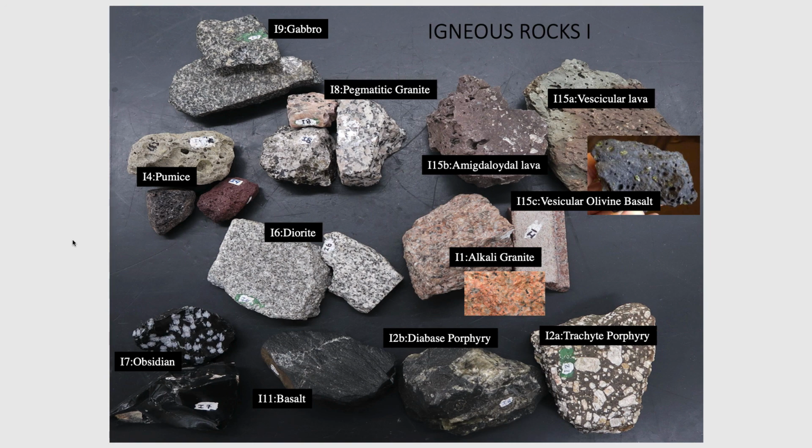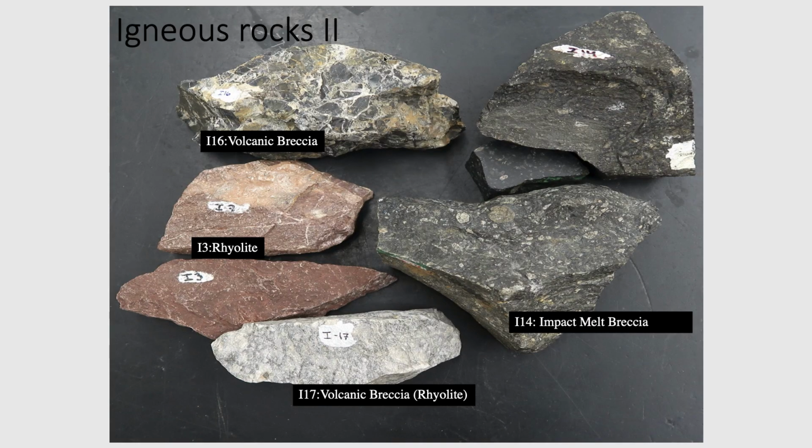We have seen already some of the specimens, and there are some additional things like vesicular rocks or other aspects such as breccias. In this other figure you have some examples of breccias. We will discuss this more in detail in the virtual experience, really.